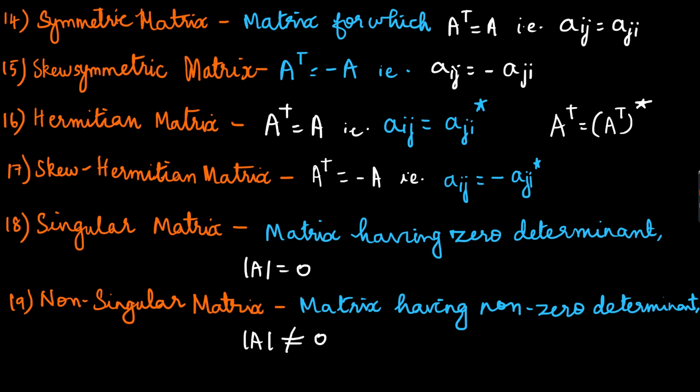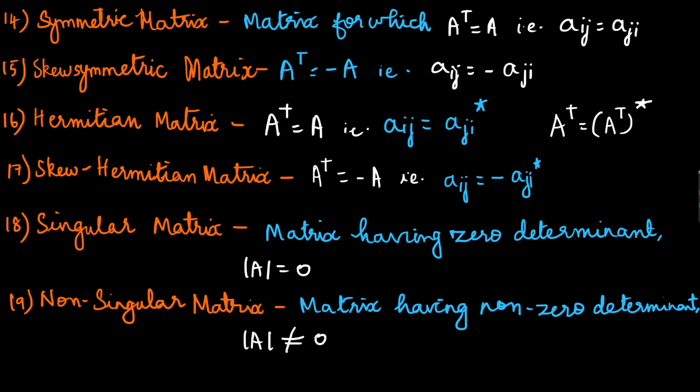Conjugate is taken only for those terms which contain the imaginary term, that is i. So if the element has i in it, then you change the sign, that is called the conjugate. And skew Hermitian matrix is A dagger equal to minus A. Here this plus sign above, for Hermitian and skew Hermitian, you can also call that transpose conjugate or A dagger. So here A dagger is equal to minus A.